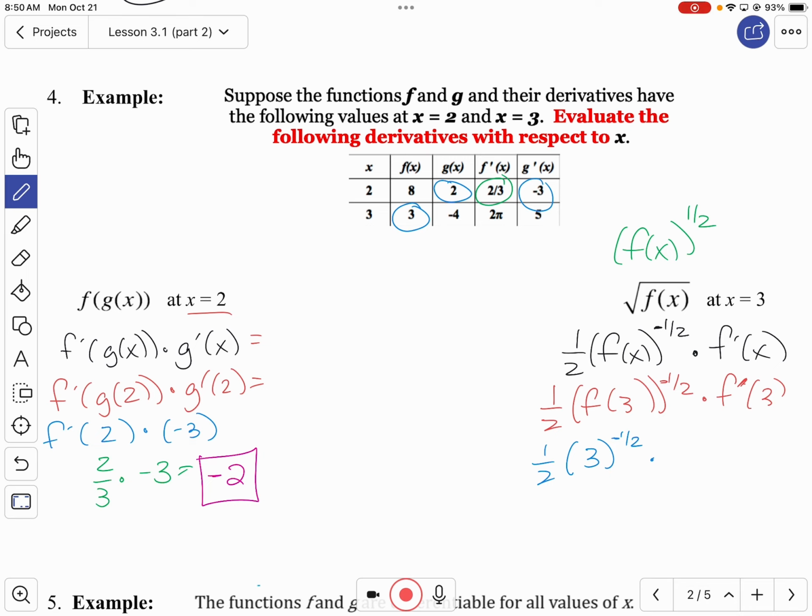F prime at 3 is 2 pi. And now we're going to do some simplification. 3 to the negative 1/2 is 1 over, so I've got 1/2 times 1 over the square root of 3 times 2 pi. Anything going to simplify? Yeah, the 2's are going to cancel. And so I get pi over the square root of 3, and we're going to leave it that way.